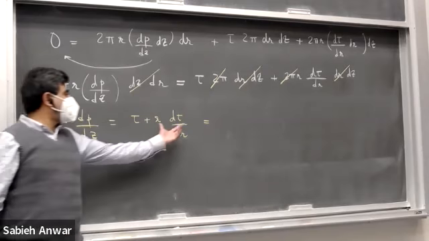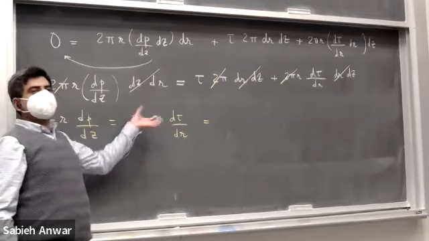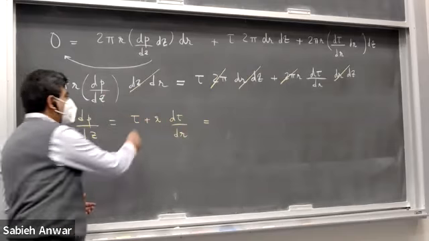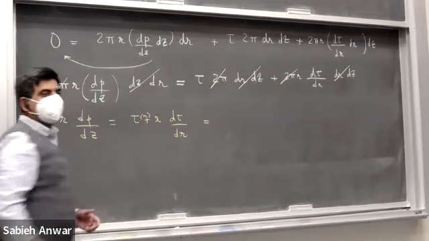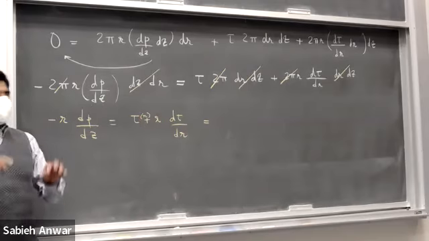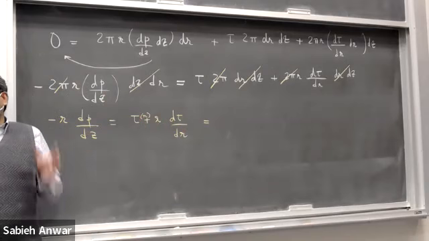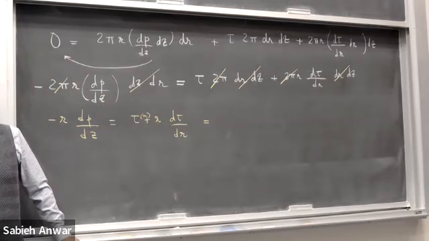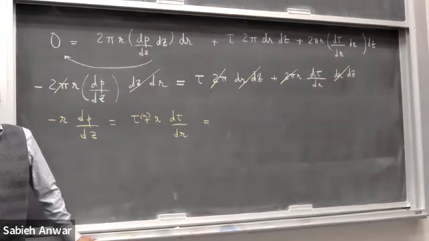So this is a derivative multiplied by something plus some tau, which can be a function of r, by the way. Can I write this as a single derivative of something using the product formula in calculus?